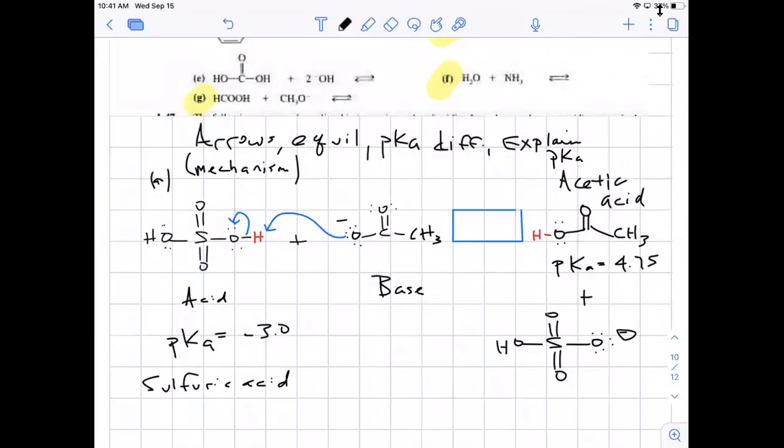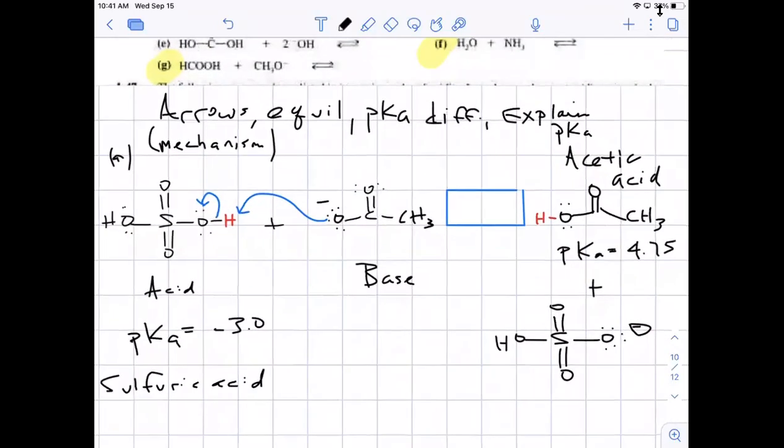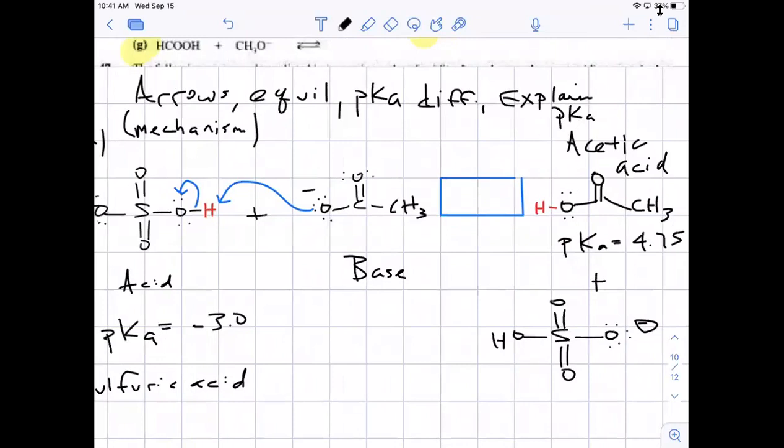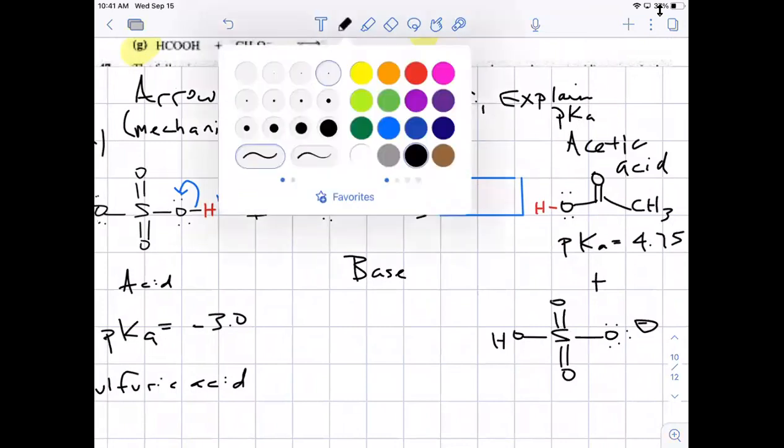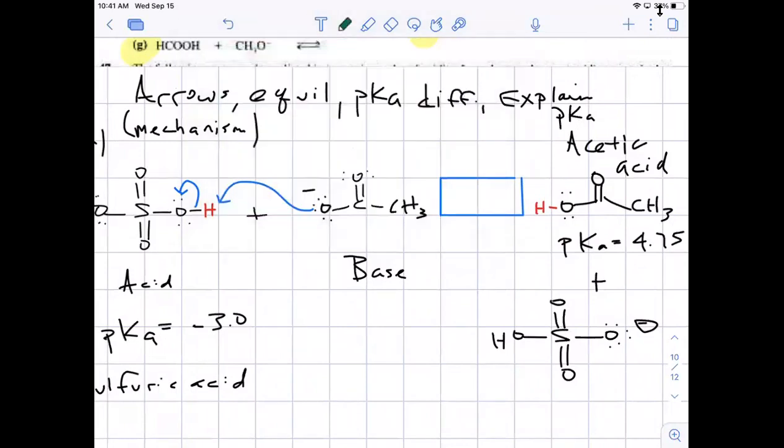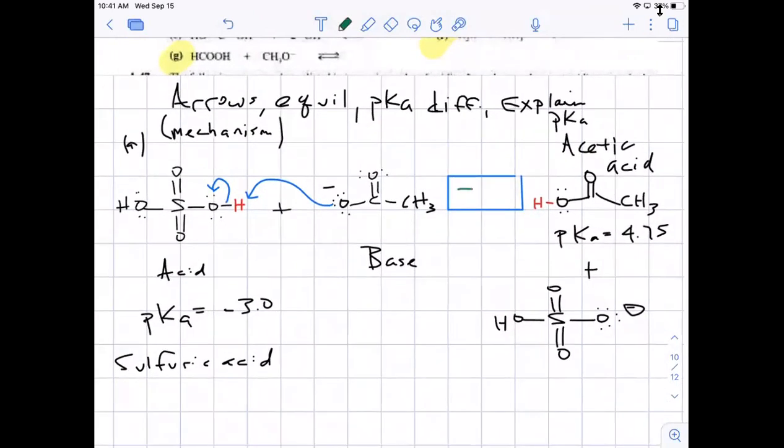Okay, now, we've done the mechanism, we know the pKa's. Which side is equilibrium going to favor? The product side, here. Again, if you ever get confused about it, put the numbers on the seesaw. 4.75, and it's -3.